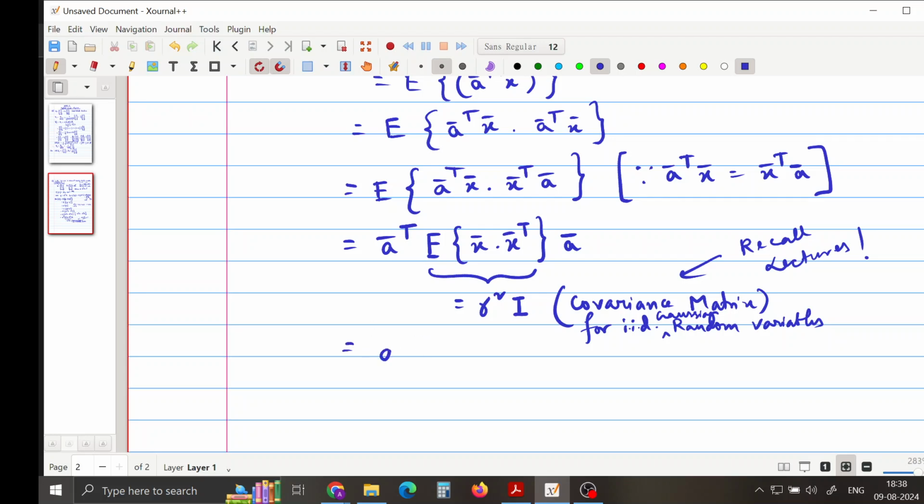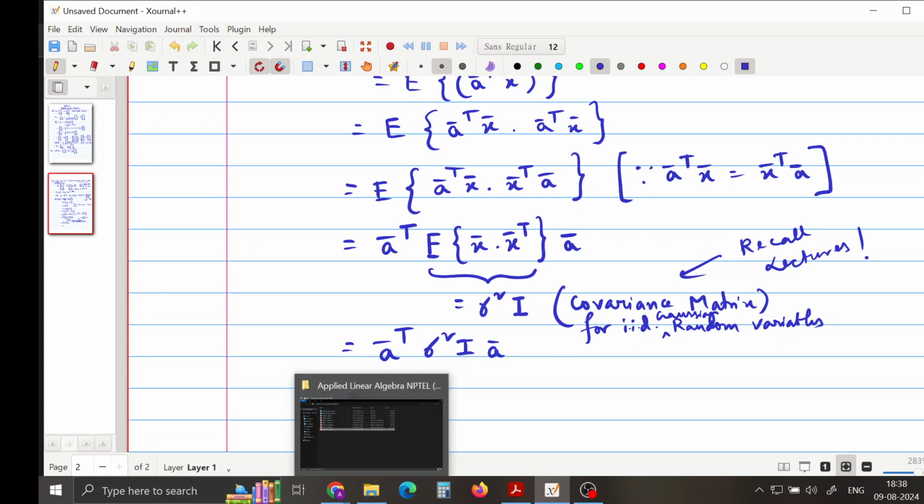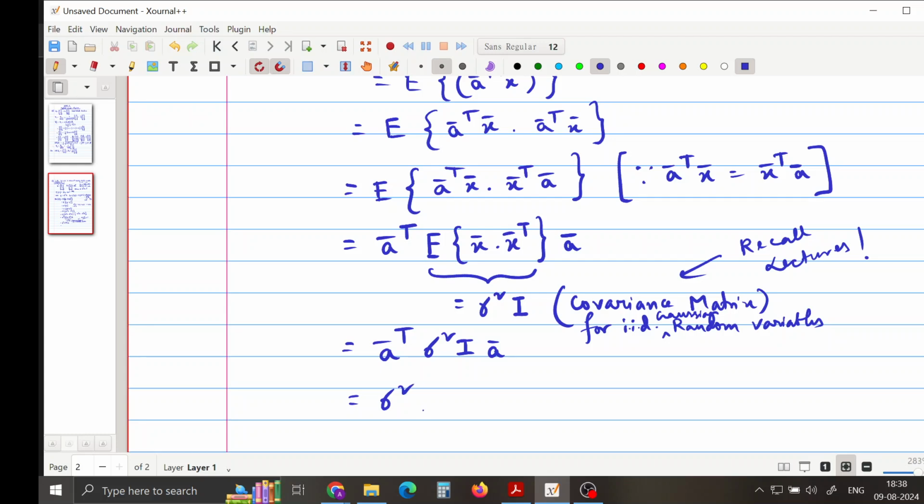So this is A transpose sigma squared I, the identity acting on vector A. Sigma squared is just a scalar quantity, a constant value, so you can bring it in front like this.